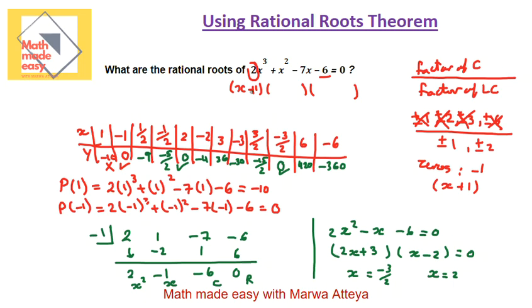So this function here is equal to x plus 1 multiplied by 2x plus 3 multiplied by x minus 2. The roots are -1, -3/2, and 2.